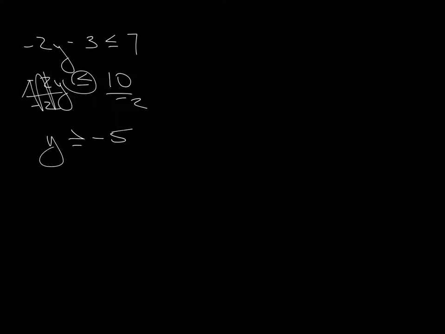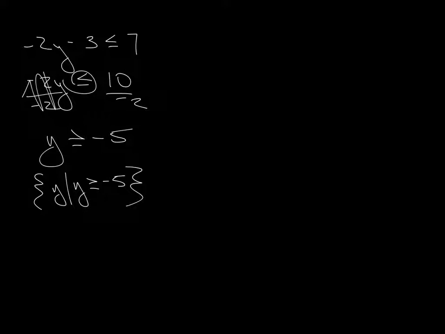Alright, so that is the answer in inequality notation. The answer in set notation will look like this. Y such that y is greater than or equal to -5. So that's called set builder notation, or just set notation.